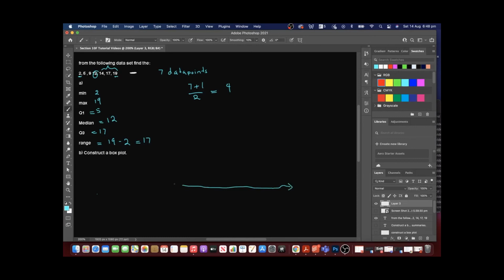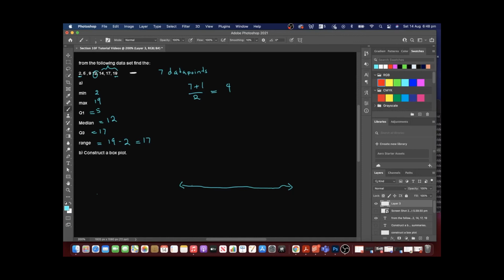Not the straightest line in the world, but that's fine. And then we just want to decide how we're going to do this. So it looks like we've got values roughly from 2 to 20.